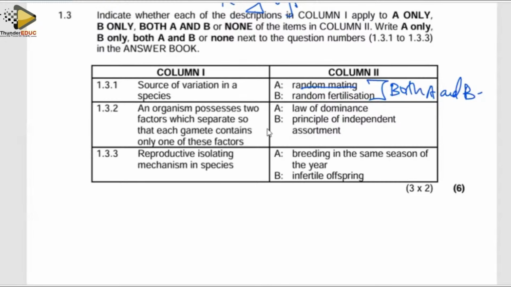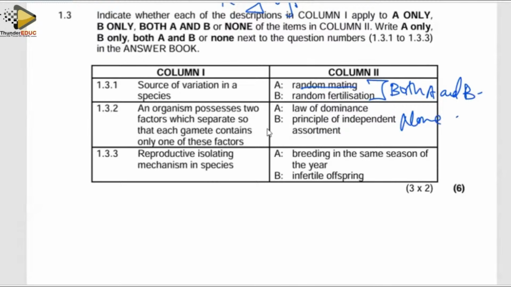Principle of independent assortment? Not really. So the answer here is going to be none.